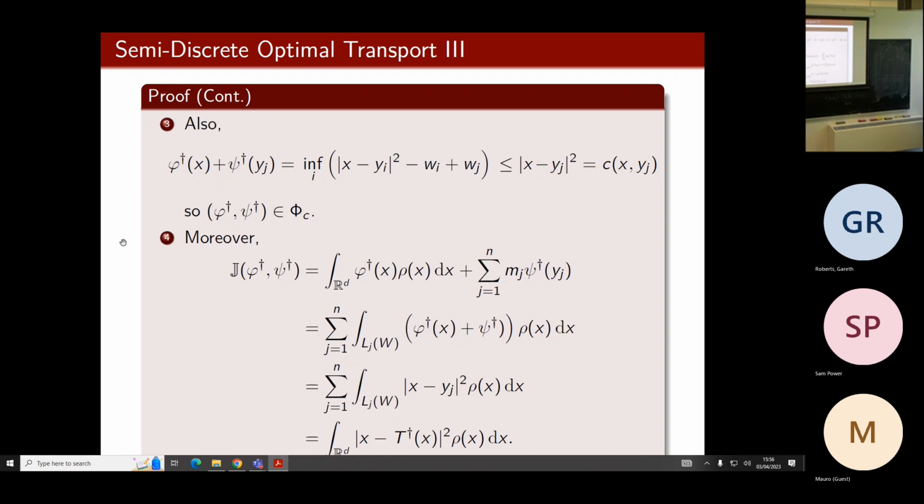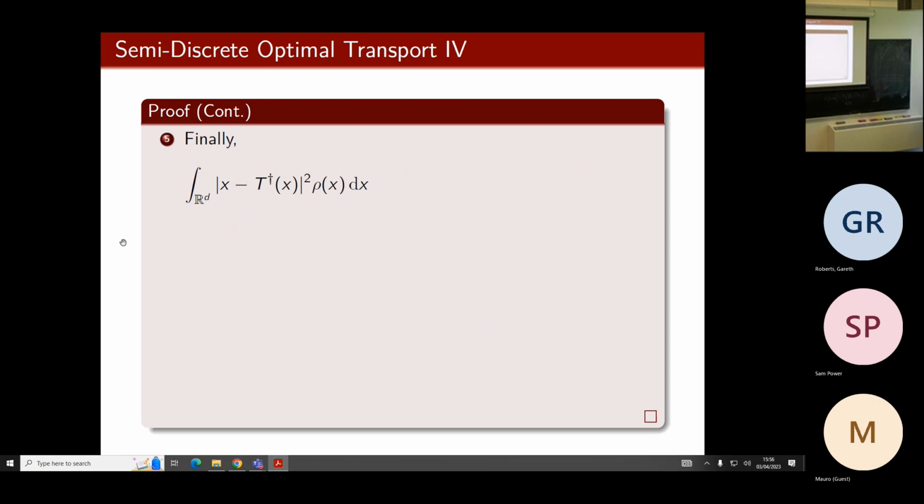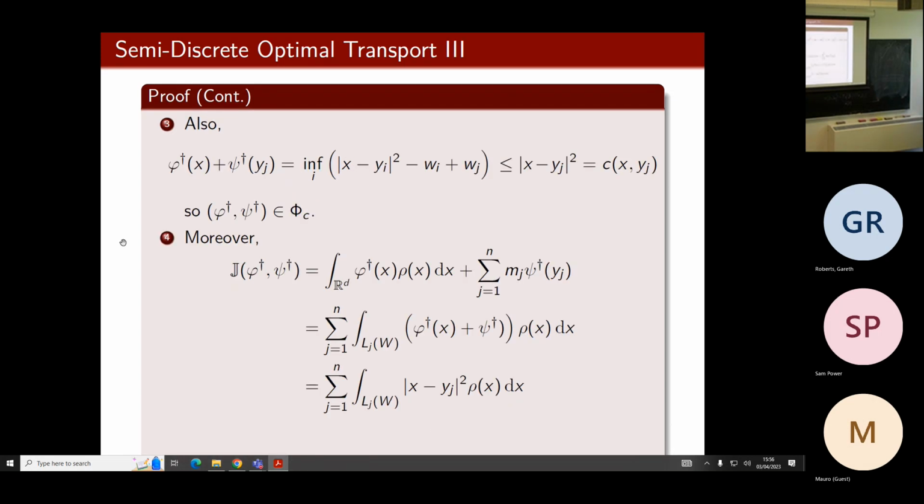But this gives us, this y_j here by definition was just equal to T dagger of x. But what do you do in the first line? This one here, the second line.